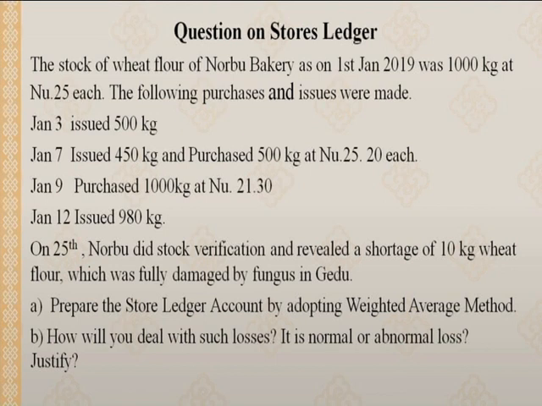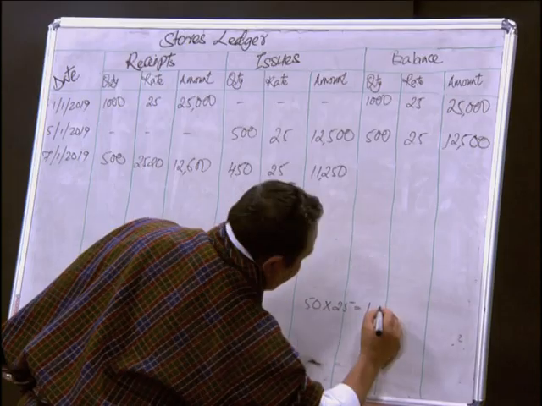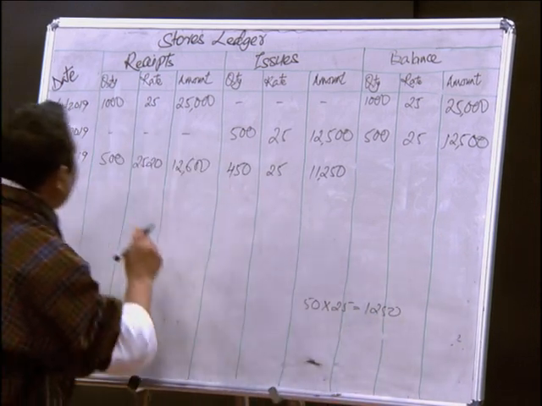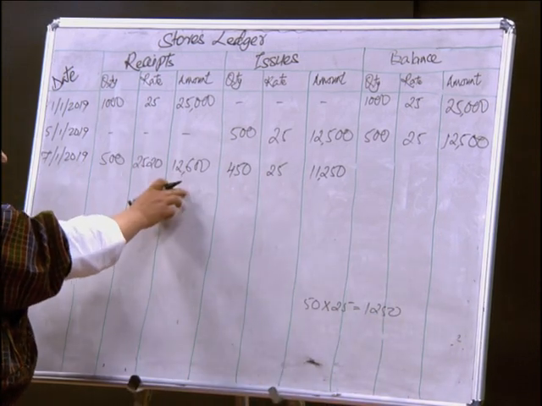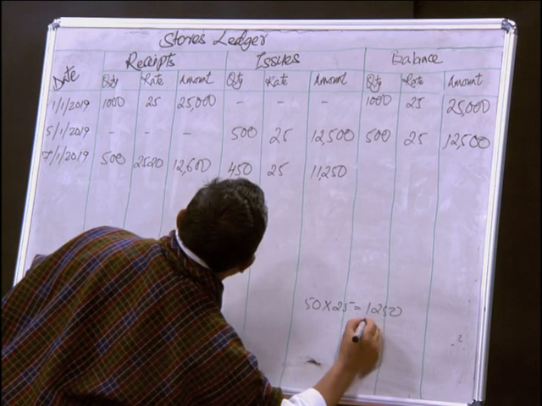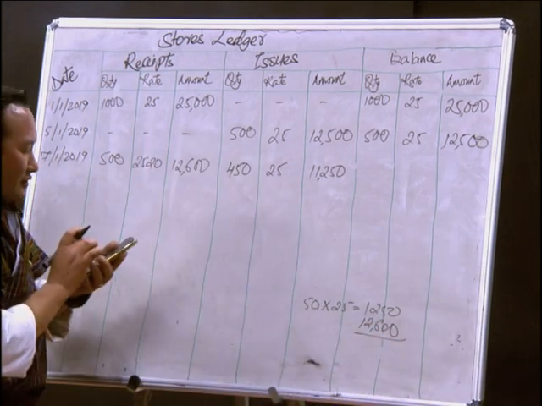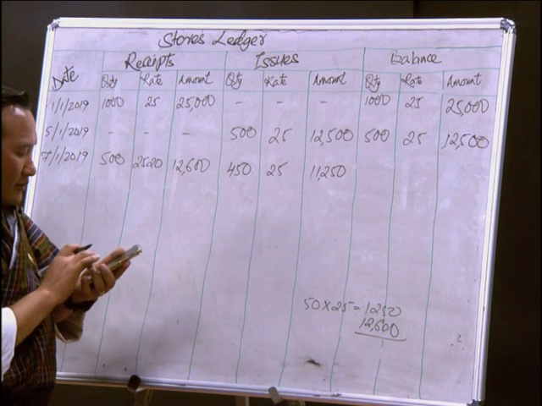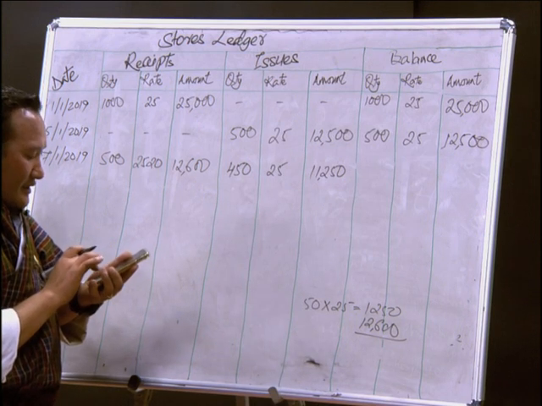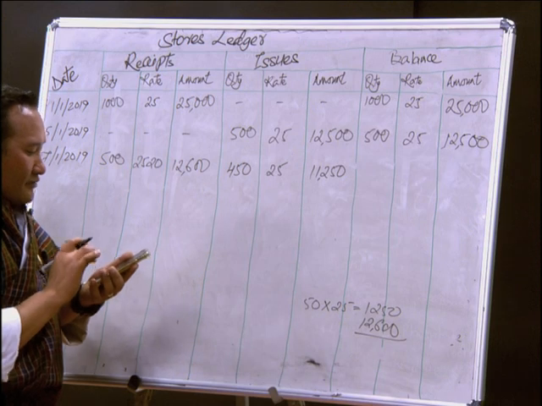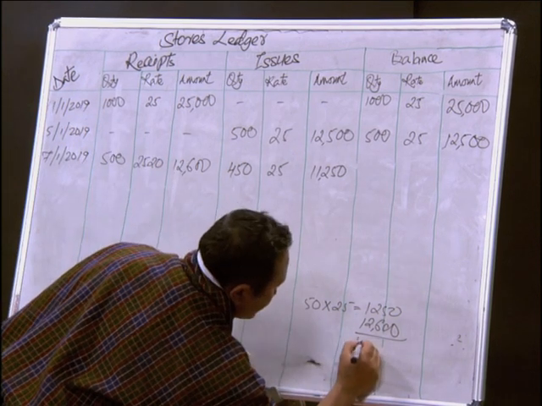So 50 times 25, we get 1,250, and whatever we have received recently needs to be considered. So which means 12,600. We add this, 1,250 plus 12,600, and altogether we got 13,850.